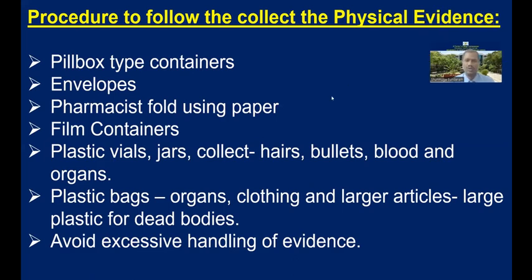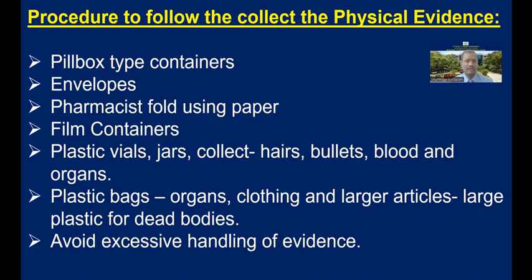Next, the procedure to follow to collect the physical evidence of crimes. There are things we have to understand here. Pillbox-type containers must be taken to the crime scene. Envelopes: we collect materials like hair, nail clippings, fingerprints and other fibers, put them in envelopes and folders using paper.